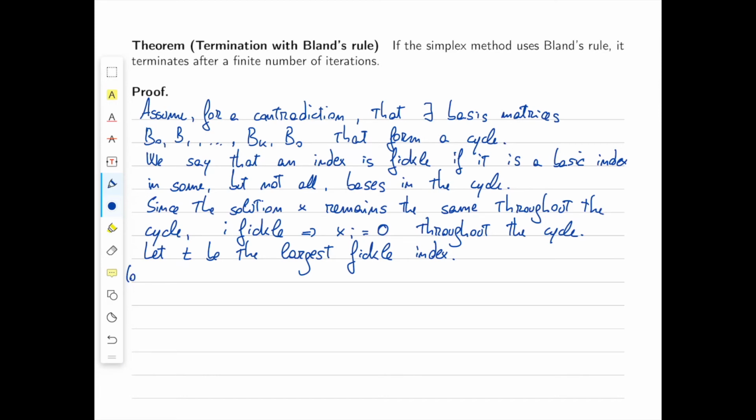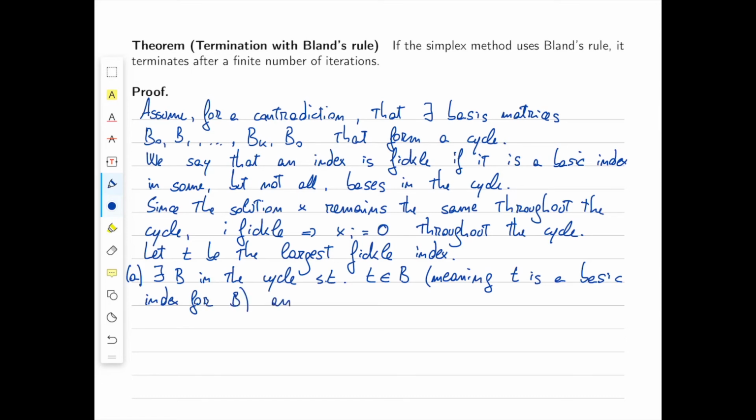So let's start with, let's say, A. There exists B in the cycle such that t is in B, and I'm going to use this notation meaning that t is a basic index for B. And t exits the basis.